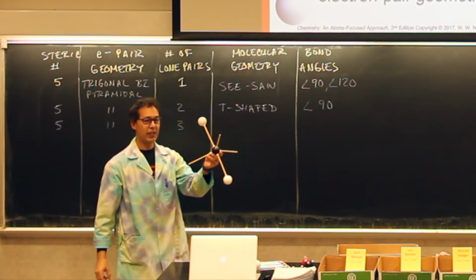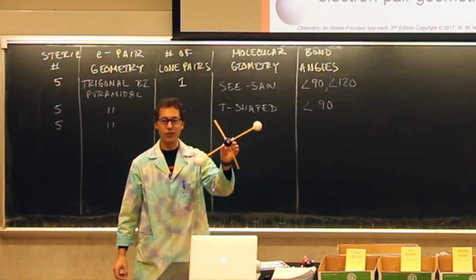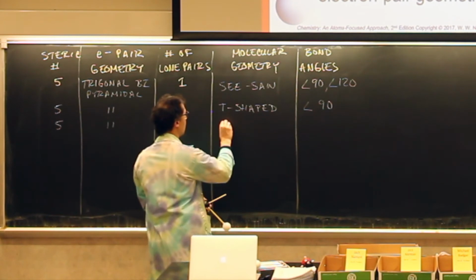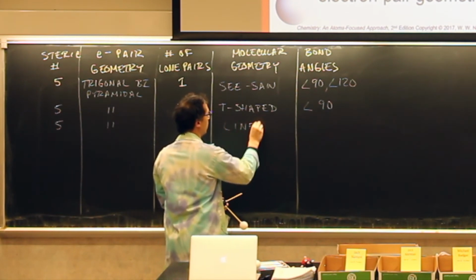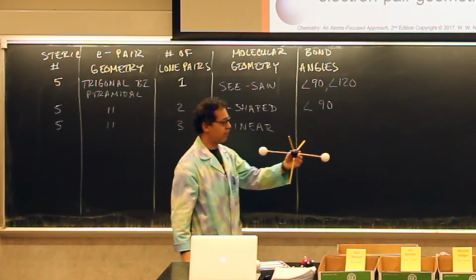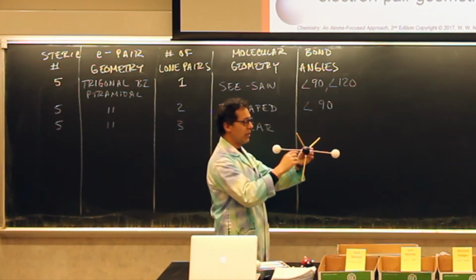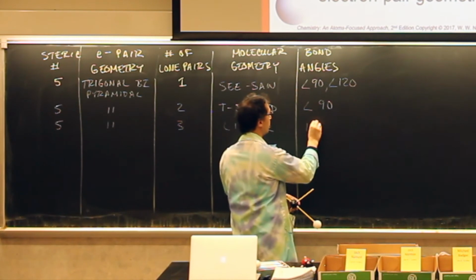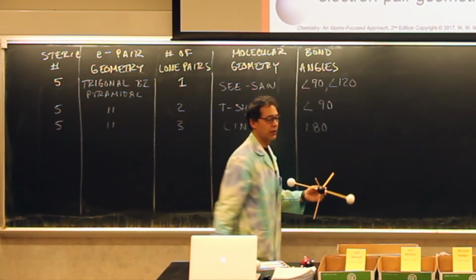Our shape is now, you've seen this one before, linear. And our bond angle, there are lone pairs on this, but we would still expect this to be 180 degrees.